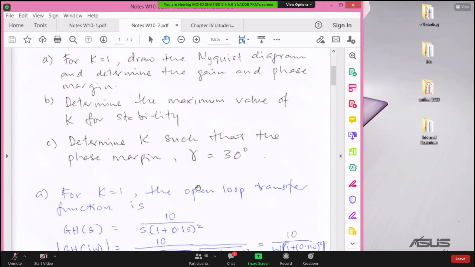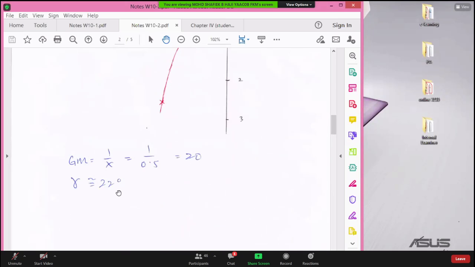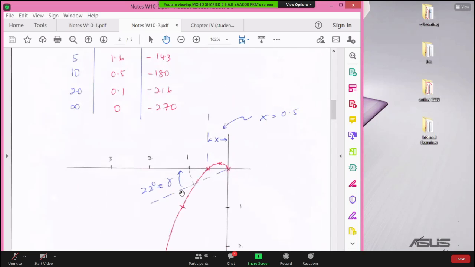And part C of the question is, you want to know what is the value of k such that the phase margin is equal to 30. So our phase margin now is equal to 22. So this is not satisfactory. We want the phase margin to be greater than 30 degrees. So you know that when k is equal to 1, the phase margin is equal to 22.